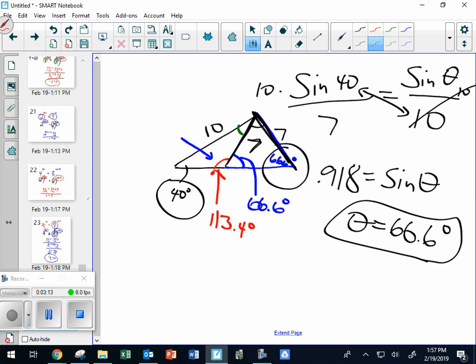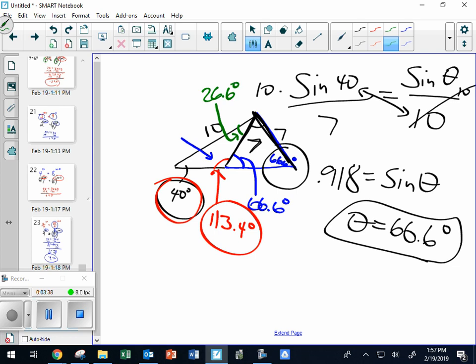And the last one would be this one plus this one would equal the green one. I'm sorry, those together with the green one would make a total of 180. So I'm going to take 180 minus the 113.4 minus the 40. And I get 26.6 for the green one.